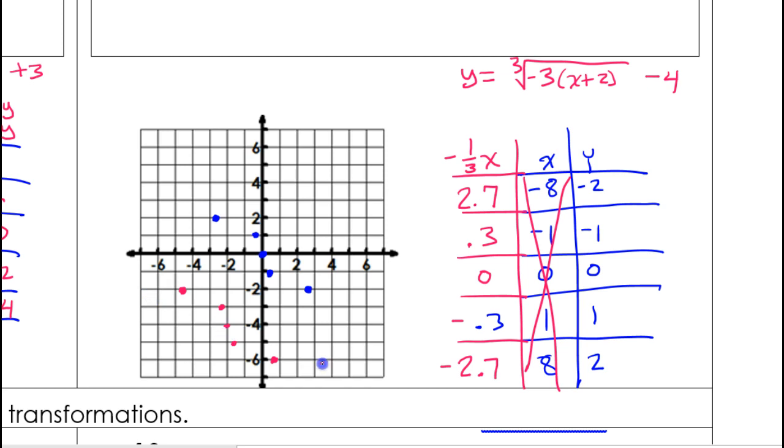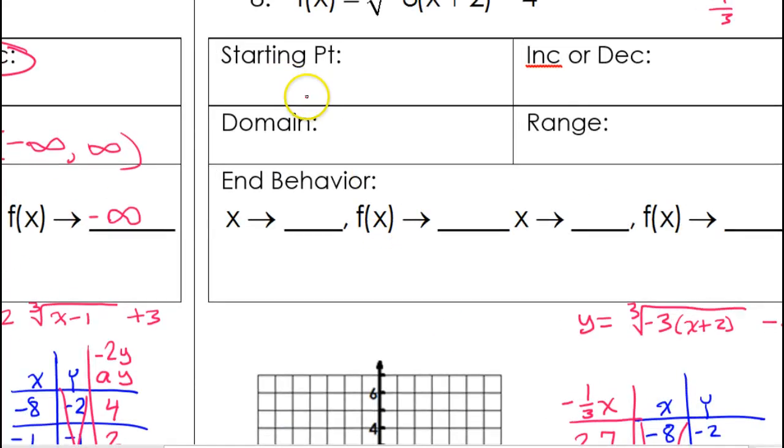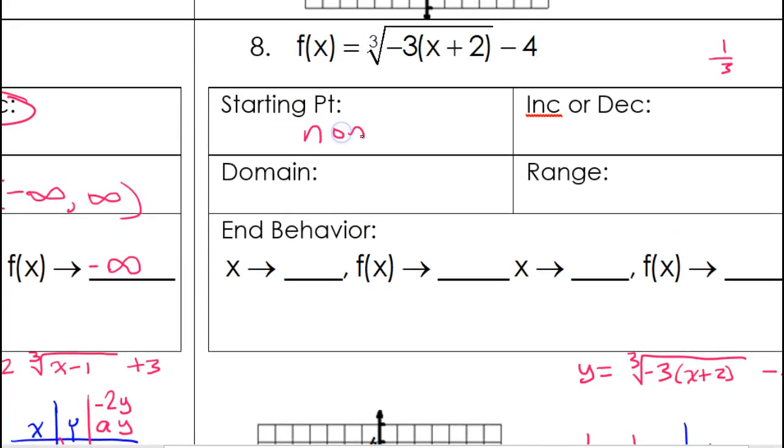So these 5 points represent the final graph. So it's going to look like this and like this.